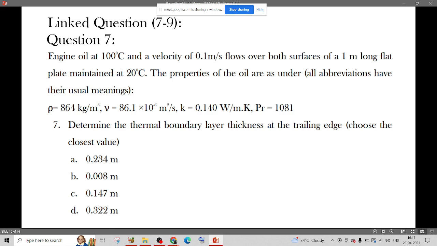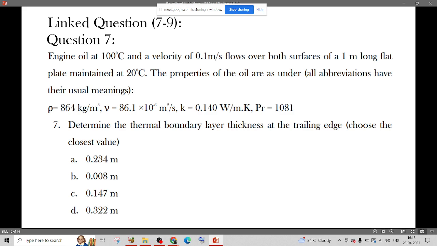Nusselt number is equal to K by L into 0.332 Reynolds number to the power 1 by 2 Prandtl number to the power 1 by 3.